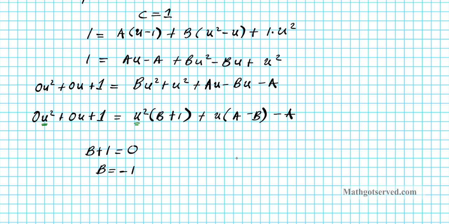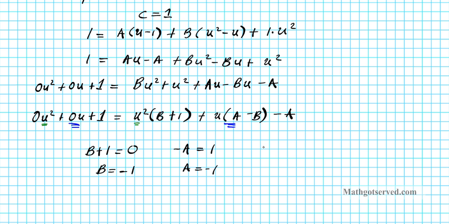There are two ways you can find a. See this constant right here is equal to that, so you can do negative a equals 1. Divide both sides by negative 1, and you have a equals negative 1. Another way is to use this second equation, the first degree terms.